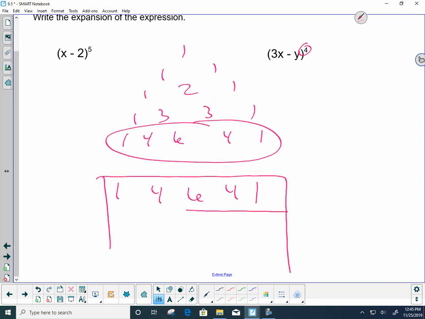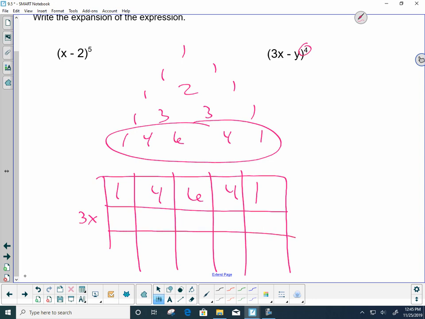The second row of my box, put some columns in here, is going to be 3x. So in the first box, I'm going to take 3x, write this small, 3x to the fourth. But I'm raising the whole thing to the fourth power, so I have to raise the 3 to the fourth power and the x to the fourth power. So I'm going to end up with 81x to the fourth.